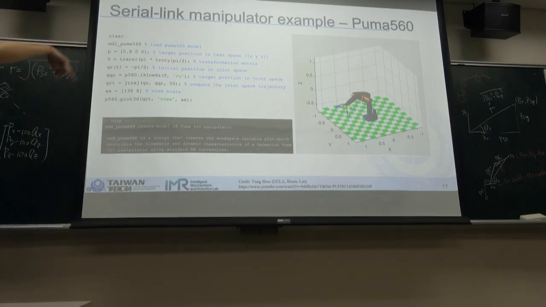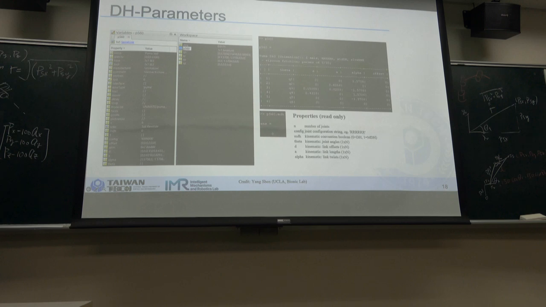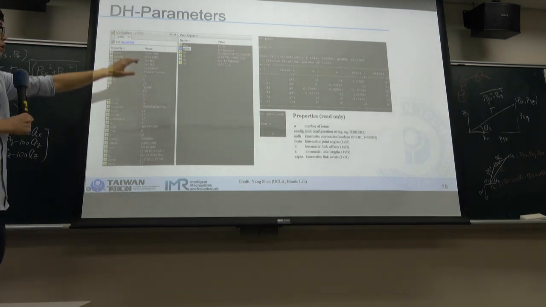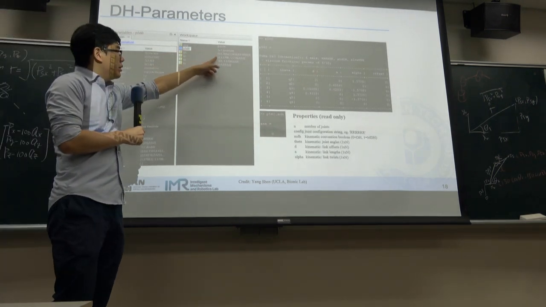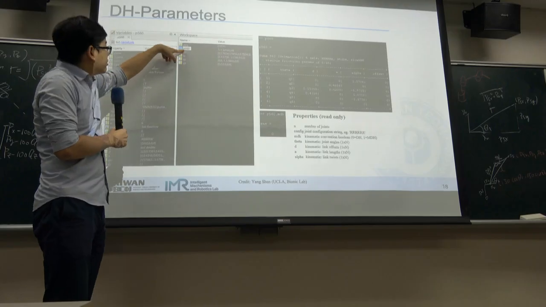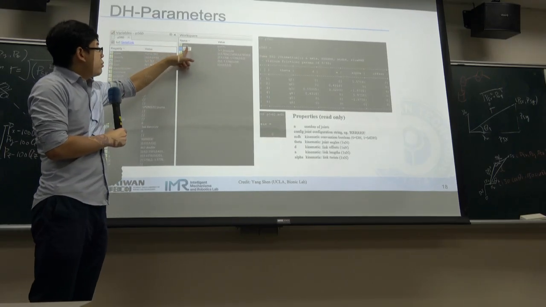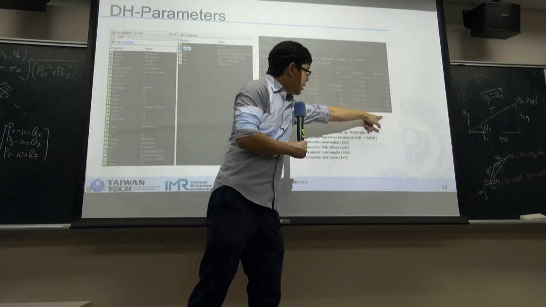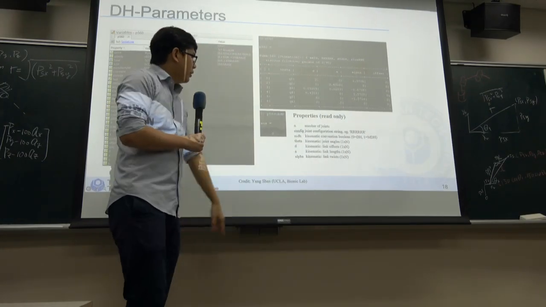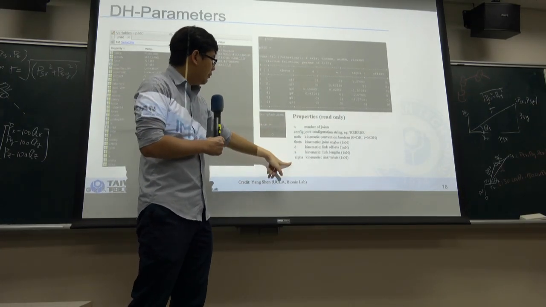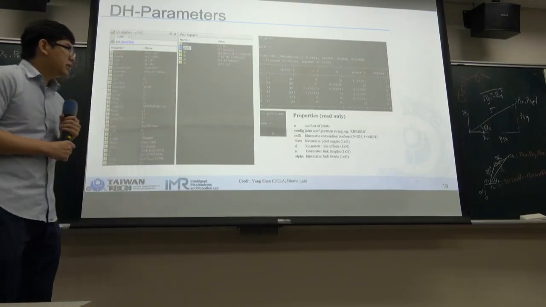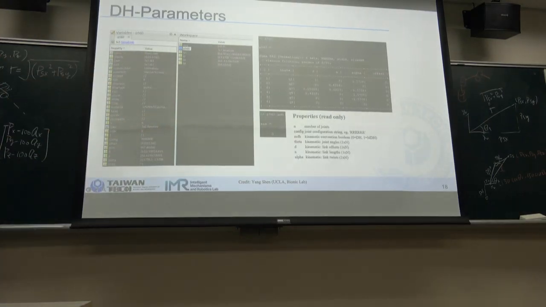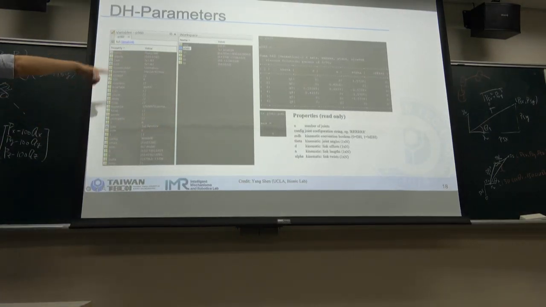It can all be done within this toolbox. You can also set up your DH parameters. Like this one is the Puma 560, and here is the DH table defined. Here are some properties. These are the simple robots, and you can also create your own robots.